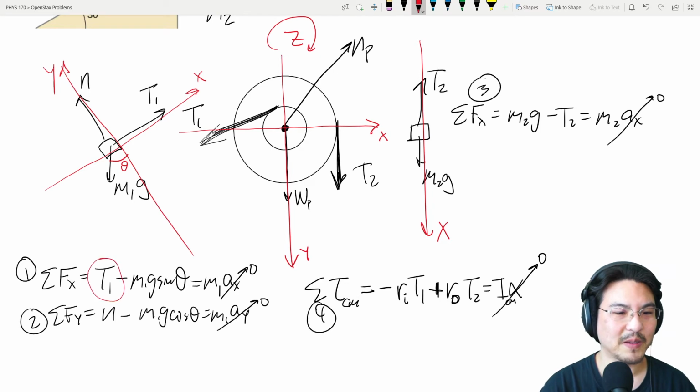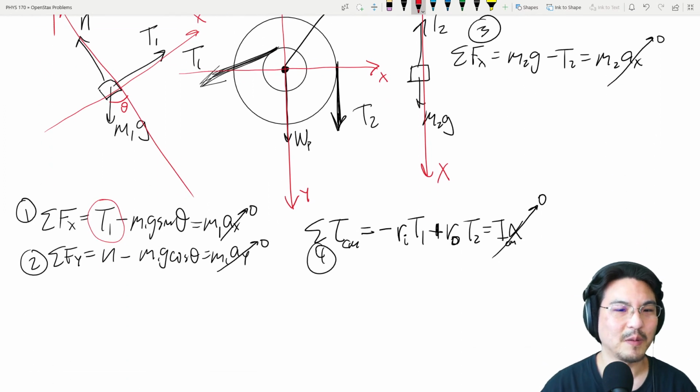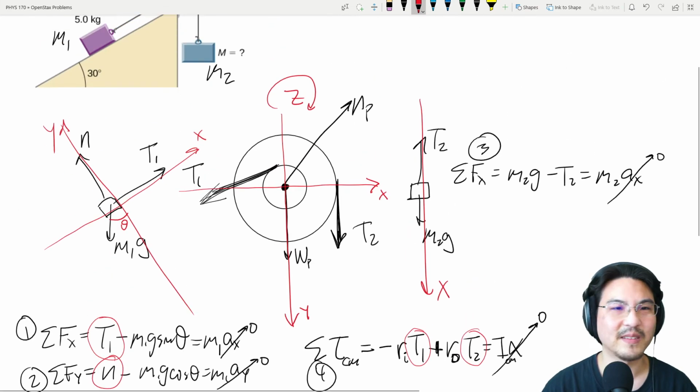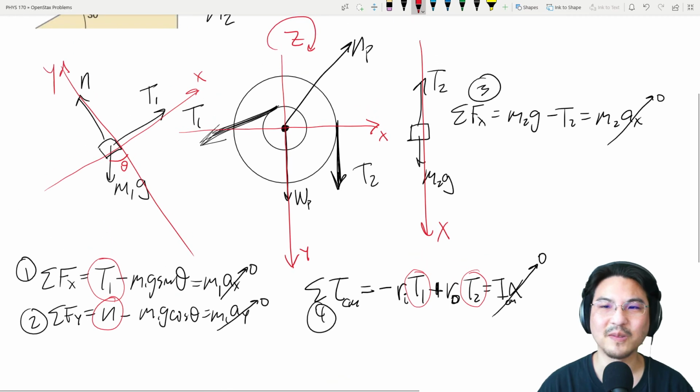Okay, so T1. Okay, we know mass 1, right? That's 5 kilograms. We know the angle. Okay, we don't know this. We don't know this or this. The radius is 20 centimeters, 30 centimeters. Okay, so we got those.